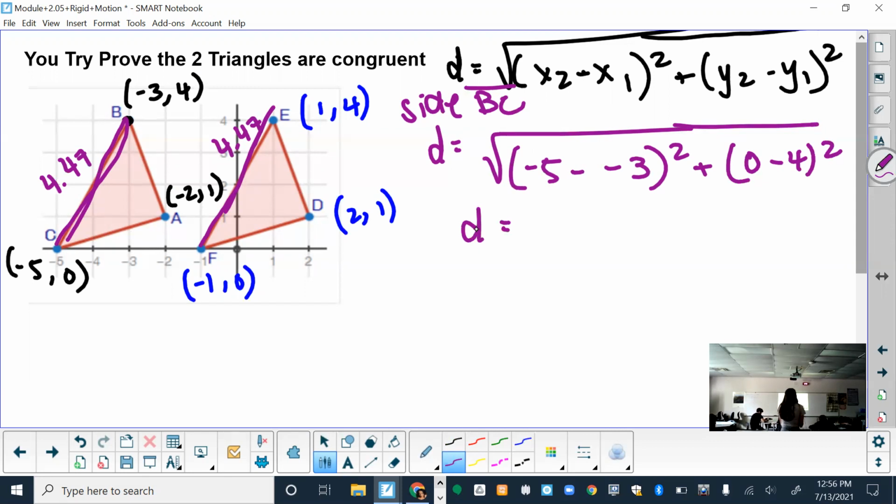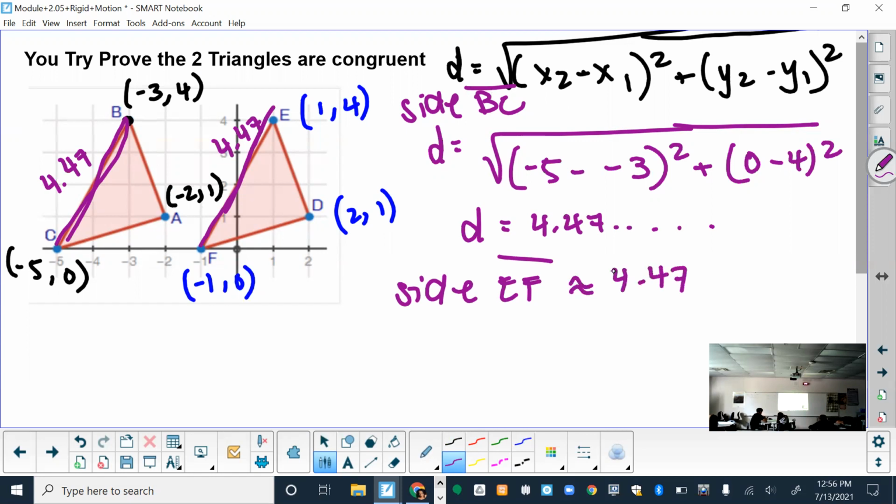Putting it all into the calculator at once gives you that 4.47, and it continues, but rounded is about 4.47. And it's exactly the same for side EF. I'll save you the trouble of that one, and we'll just say that the distance is also 4.47 because it is.